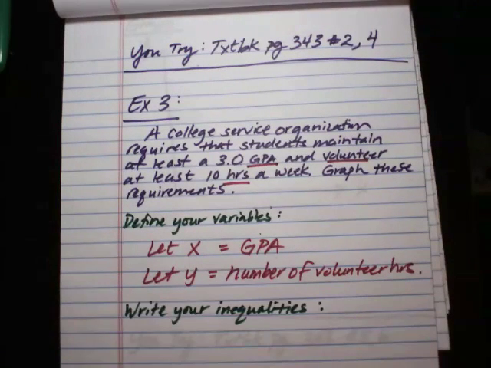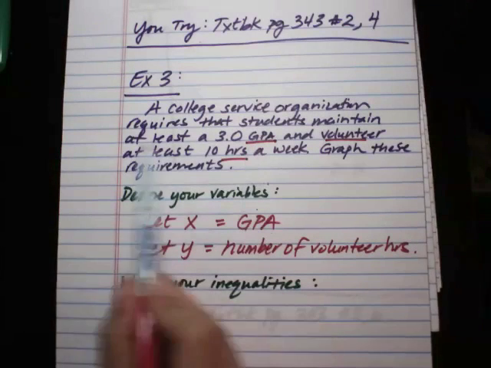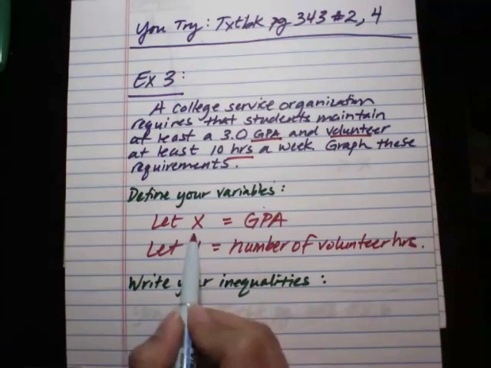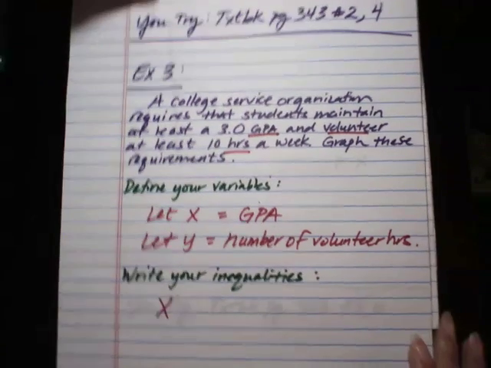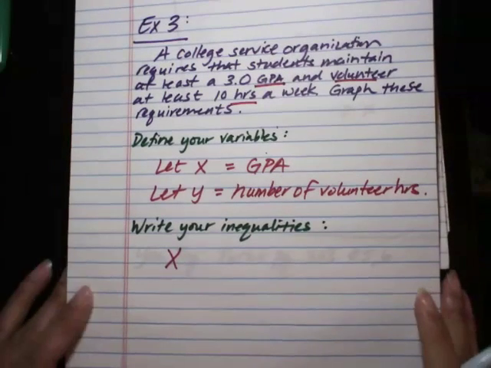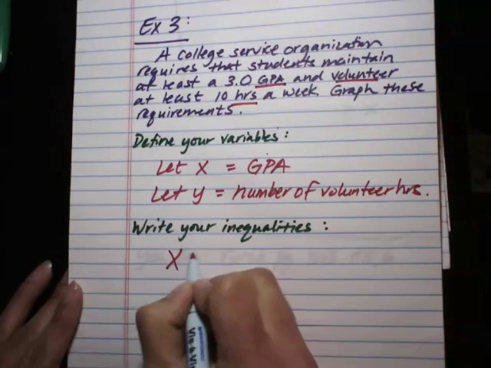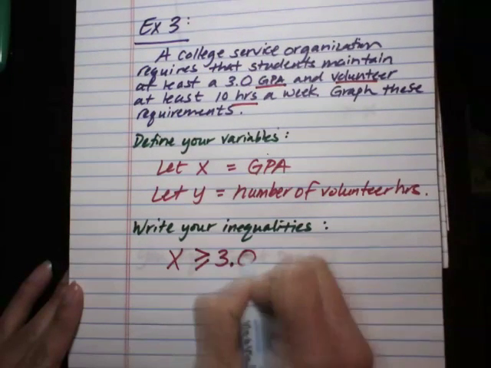Then we're going to write our inequality. It said that the GPA has to be at least 3.0. So our GPA, represented by X, is at least, which means that it can be more than 3.0, it can be a 3.0, but it cannot be less. So it has to be greater than or equal to 3.0.